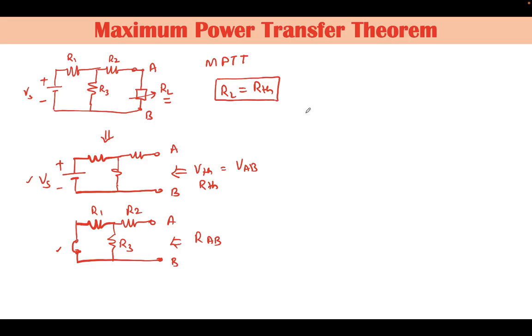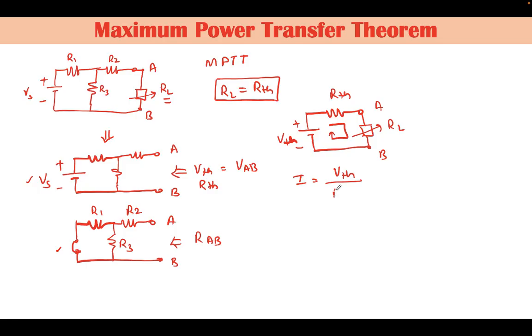Now the equivalent Thevenin network of this given network is given by RTH plus VTH across terminals A and B. Now the load RL is connected back to terminals A and B. To find the power in the load, we can calculate I equal to VTH upon RTH plus RL.